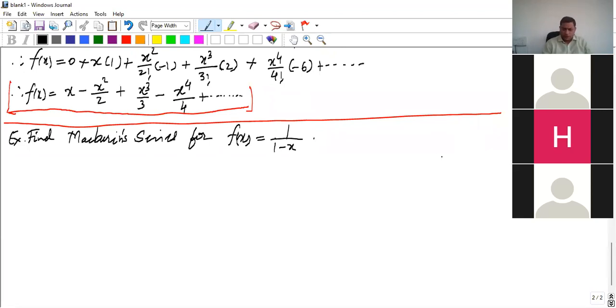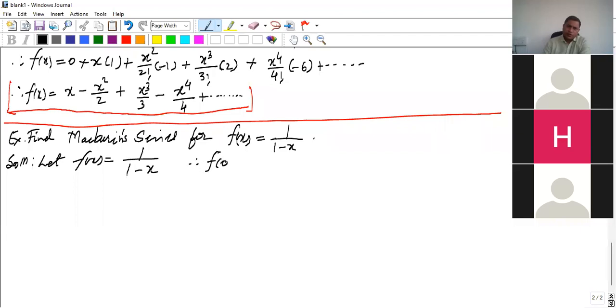So let us try to find it. We go with the solution. What we have is f of x is equal to 1/(1 minus x).